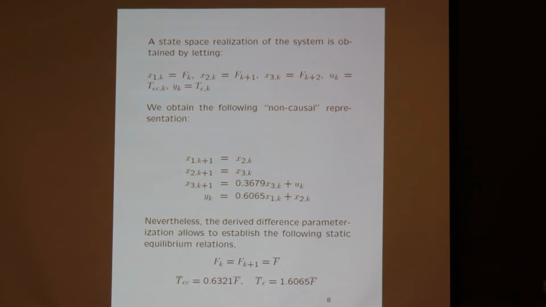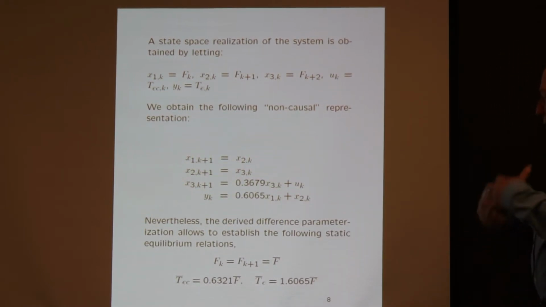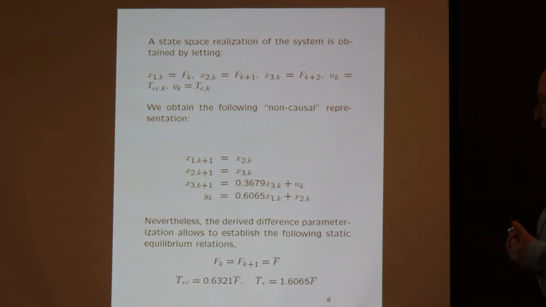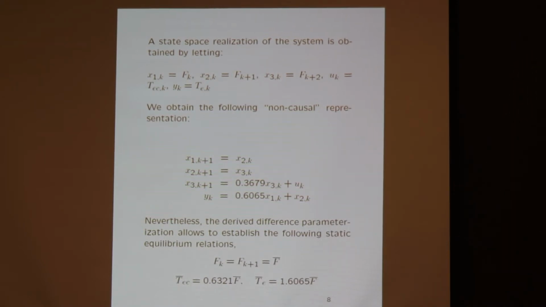And as a representation it is a very nice, traditional representation, only that there is a non-causality hidden here, because we will see that in the difference parameterization and the definition of the input-output relation, the flat output will be defined as a forward time shift of the variable x1, which is not available in the present.